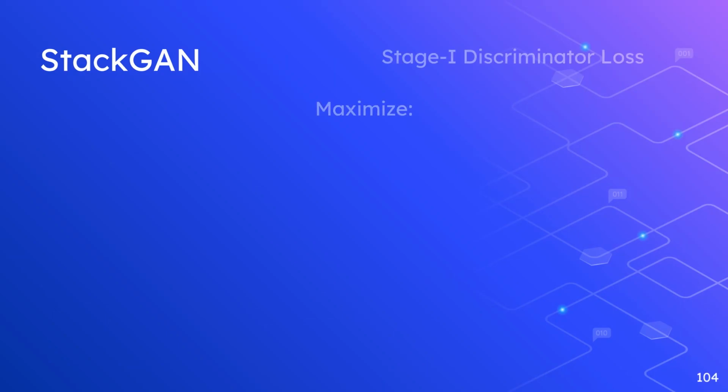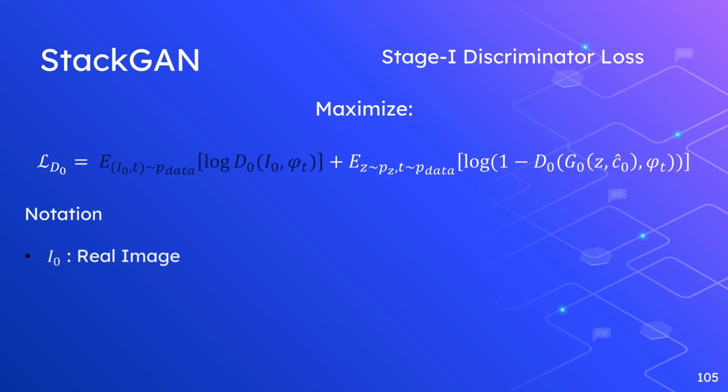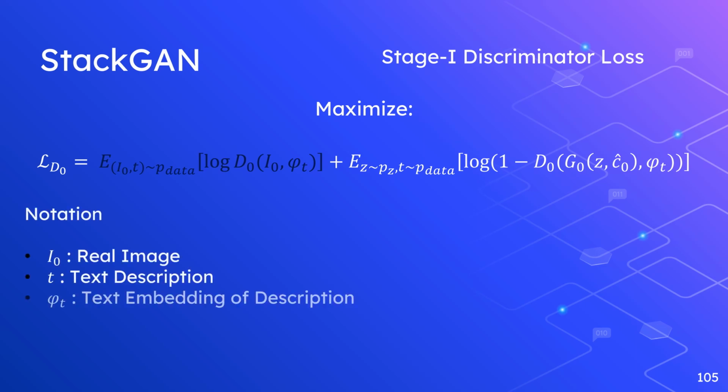The loss function for StackGANs really is this Minimax Loss, but with a lot of notation. Let's start by breaking down the stage 1 discriminator loss. The first term here has to do with how well the discriminator can classify real images, where I sub 0 is the real image, phi sub t is the text embedding, and D sub 0 is the stage 1 discriminator.